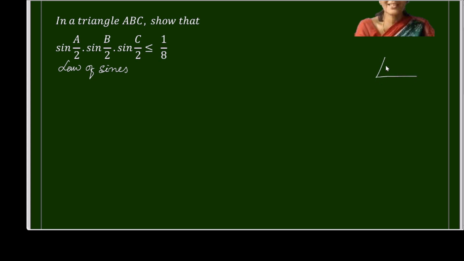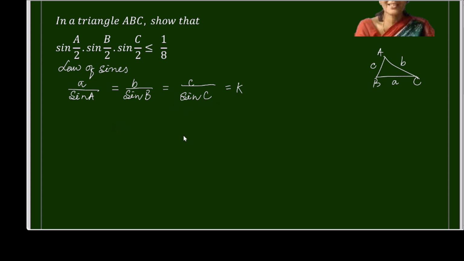If in any triangle ABC, BC is taken as small a, AC is taken as small b, and AB is taken as small c, the ratio of side a to sine of angle A is equal to the ratio of side b to sine of angle B, which is the same as the ratio of side c to sine of angle C. So this is called the law of sines. We can take this common ratio as k.